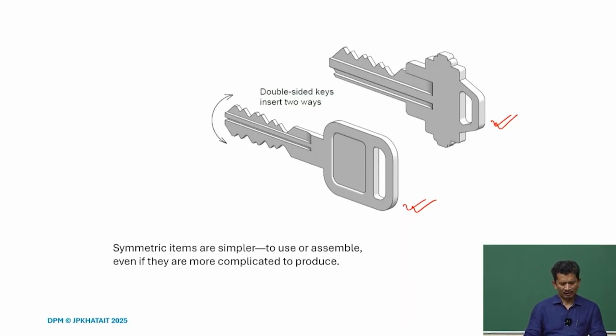So symmetric items are simpler to use and assemble. For functioning it is very good and easy to use, but it might be complicated to produce because there might be operations required to make it symmetric. So when we say complexity, this is what we mean. Any complexity in manufacturing should be hidden, and to the user it should be simple.